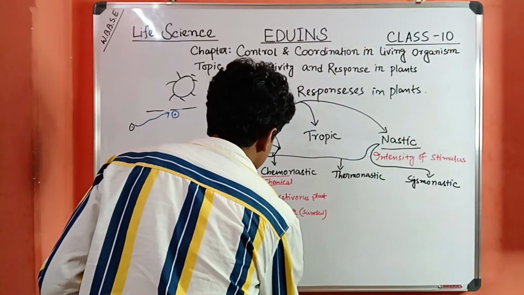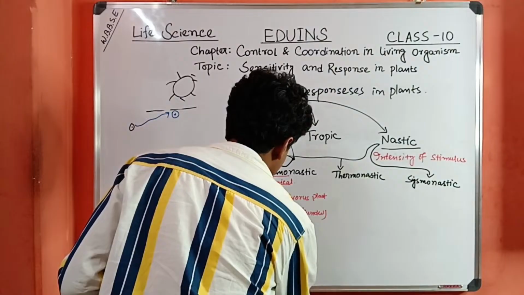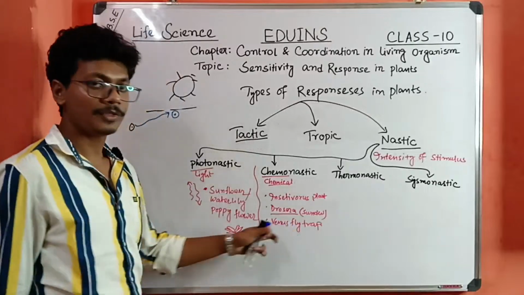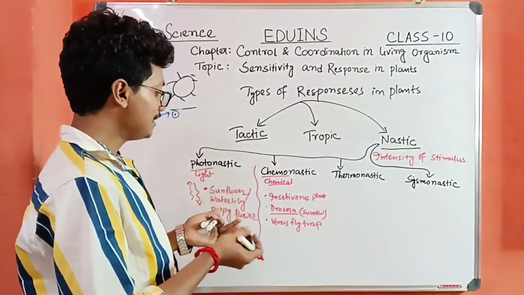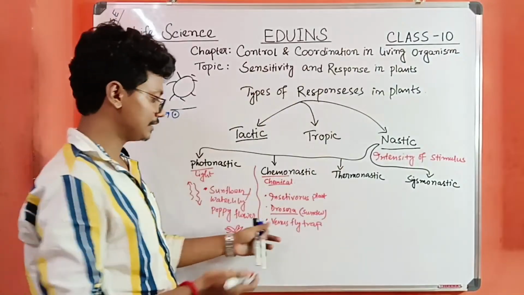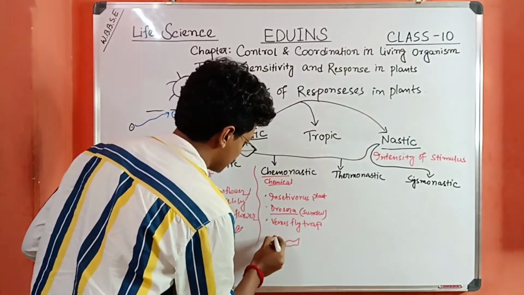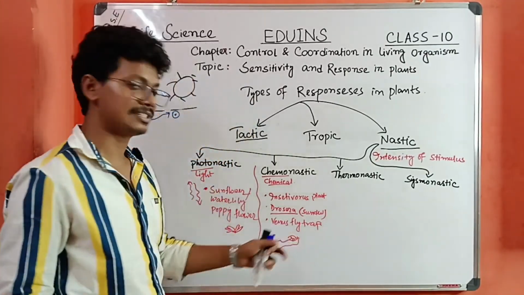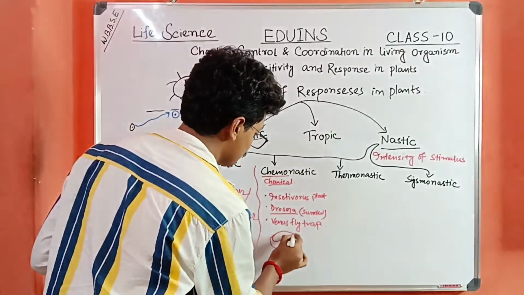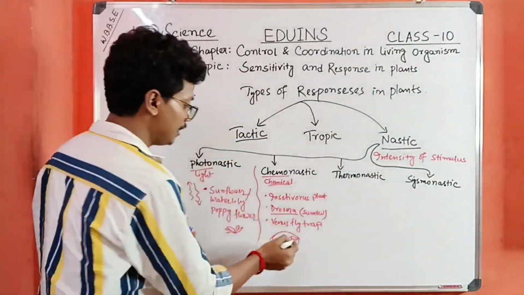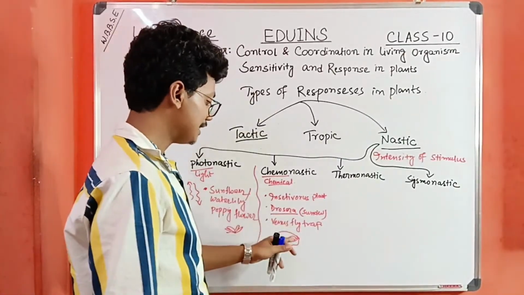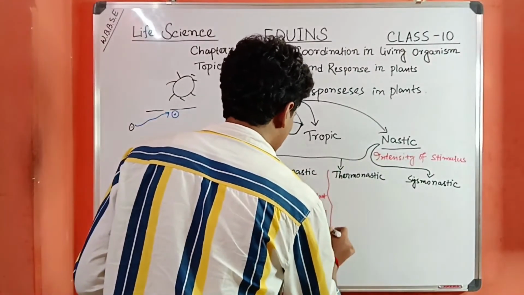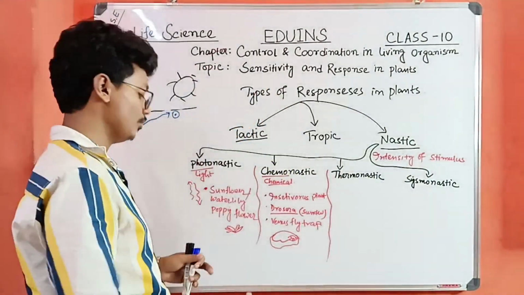Another one is Venus flytrap. What they do when an insect is placed or gets in touch with their tentacles, they will close and engulf the insect. So in response to certain chemicals, they will respond. So this type of movement is called chemonastic movement.